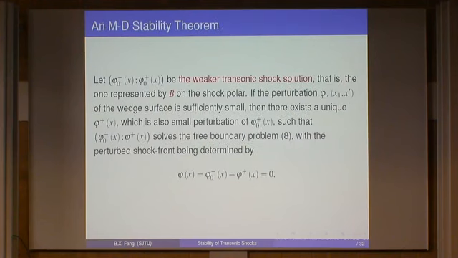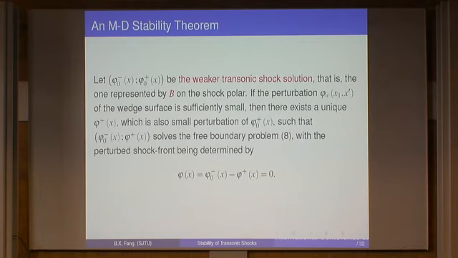But for the multi-dimensional case, by now we can only prove that only this weak transonic shock solution is stable. We still have the basic wave structure, wave pattern here. But whether the strong transonic shock also has this stability theorem, up to now we have no idea about that.